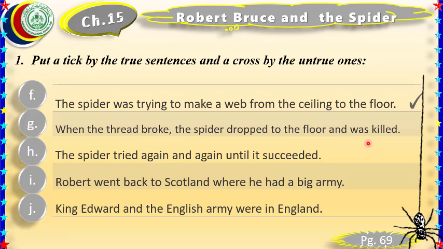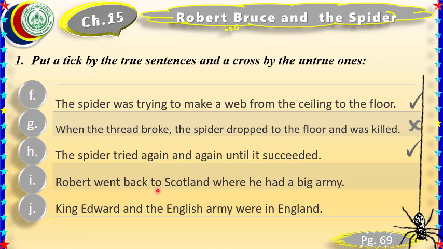No, he was not killed. He started trying again and again. This part is false. The spider tried again and again until it succeeded. Yes, the spider at the end was successful. This part is true.